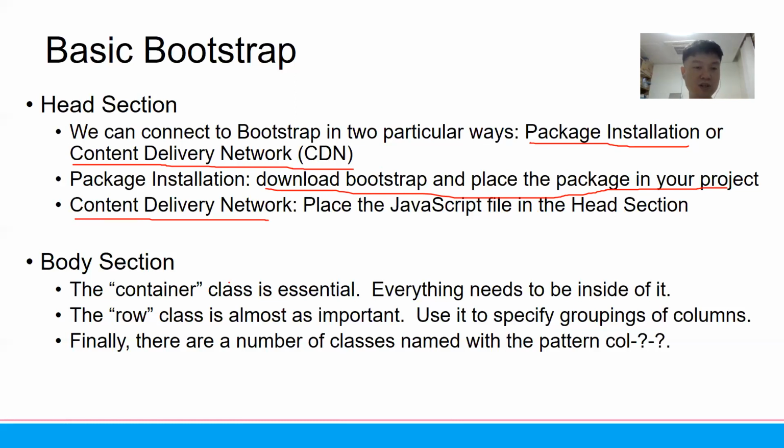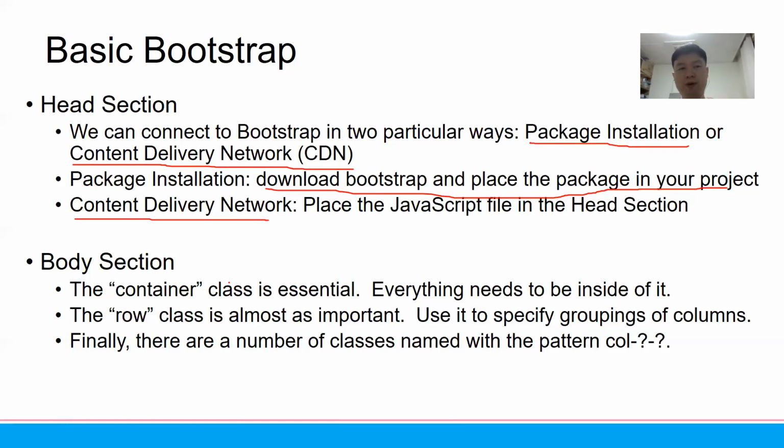For the body section, there are some concerns. You need to learn about the container. The container class is very essential in Bootstrap, so everything needs to be inside of the container. And the row is also another important aspect in the body section. Usually with a table you have one row, but that's not that row.